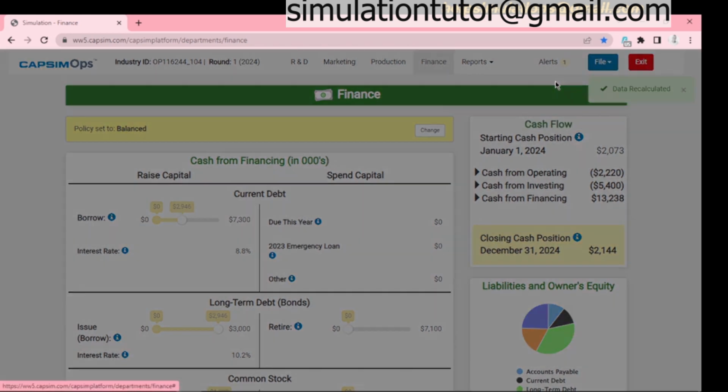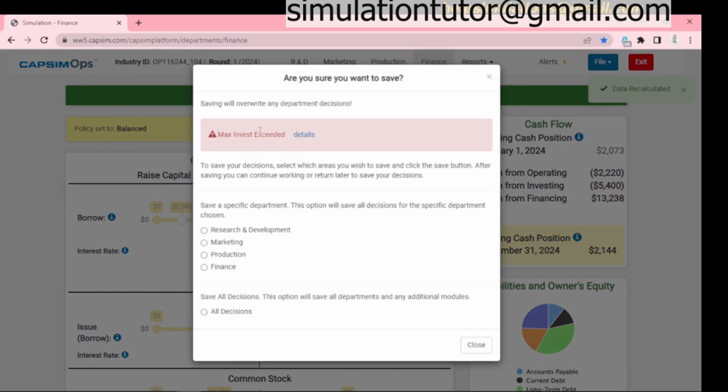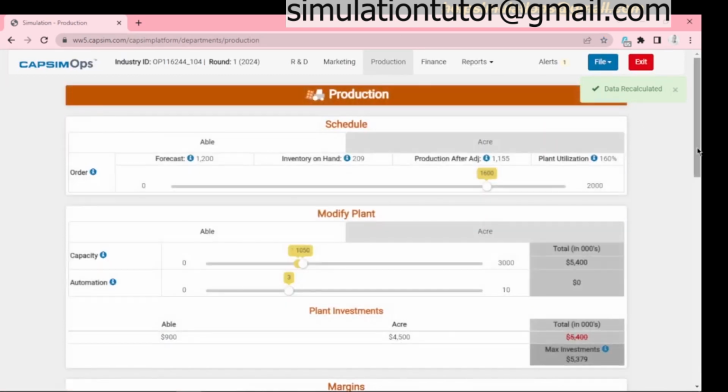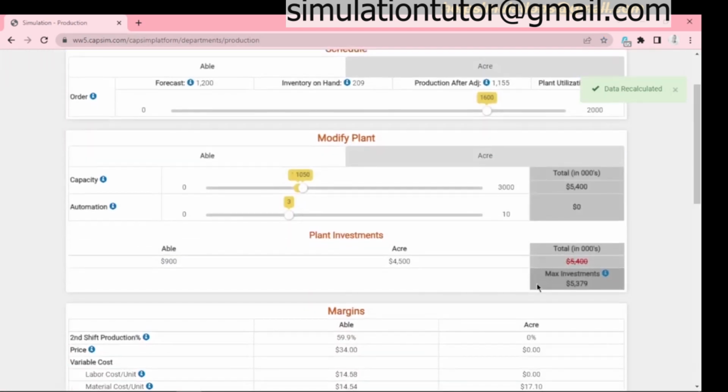Save decisions. So you can see that we are warned maximum investment exceeded. So let's close and go back to the decisions that we made under the production. Yeah, so sorry, here you can see the capacity increased to about 10.5. Let's do 1,000 and see.